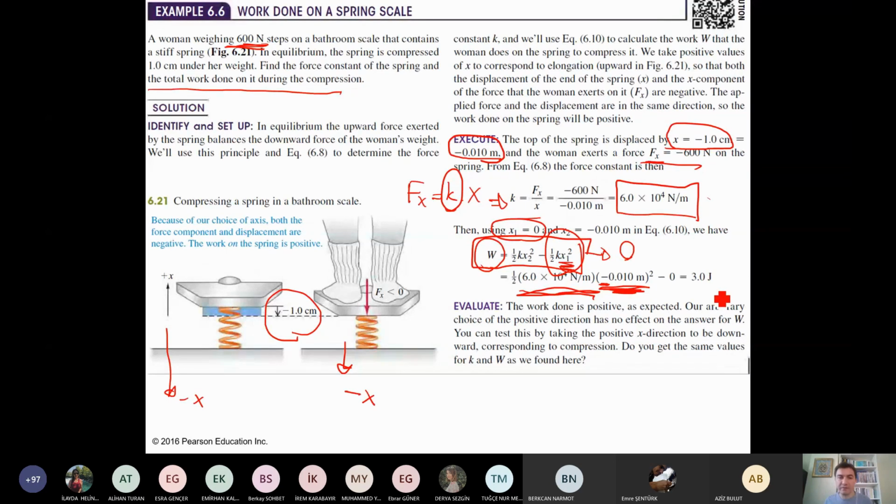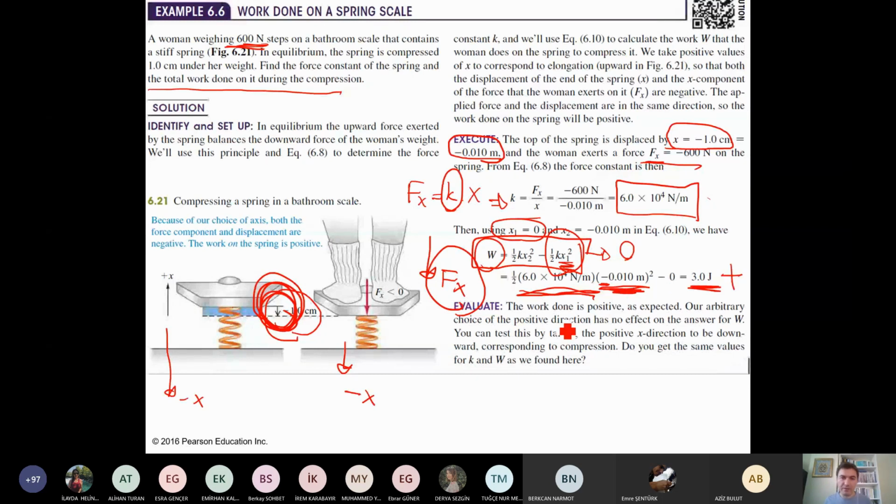Actually, look at this one. This is the direction of the force, and this is the direction of the displacement. Since the displacement and the force applied by the woman are in the same direction, then of course the work will be positive. Any question?